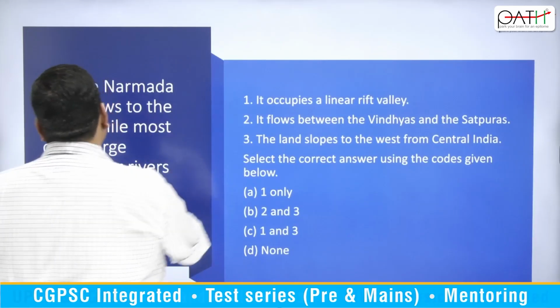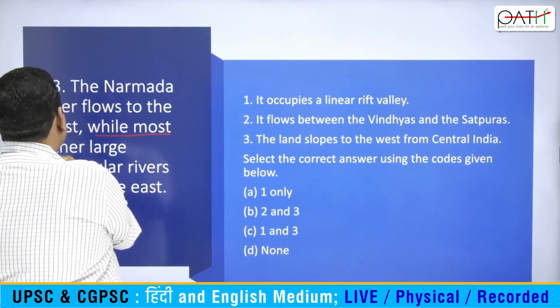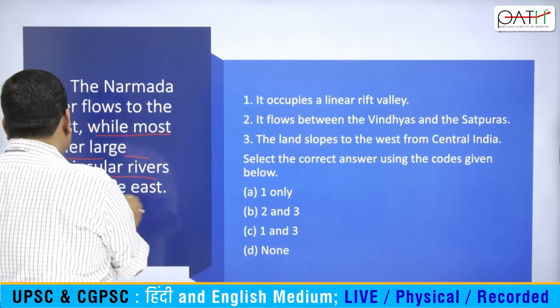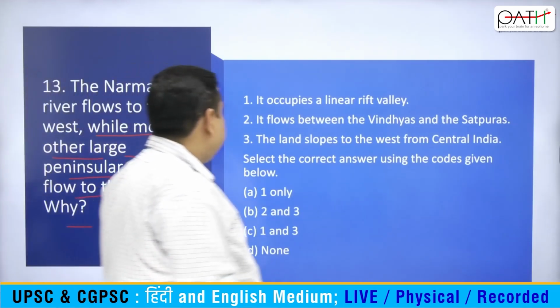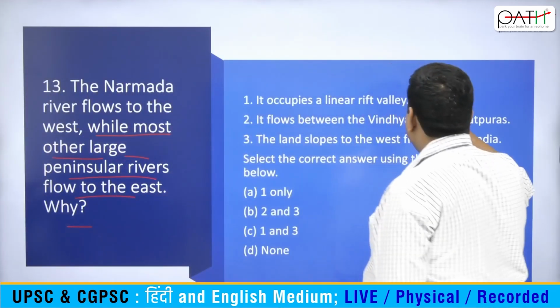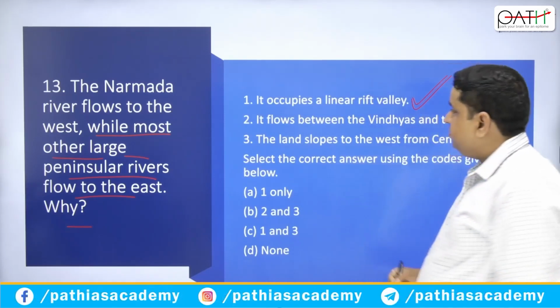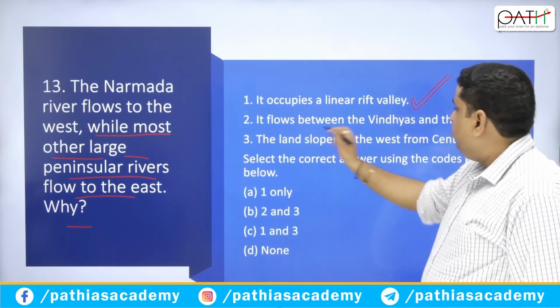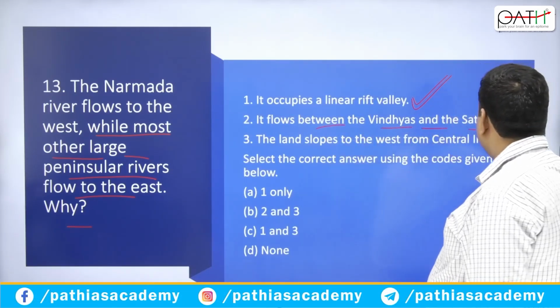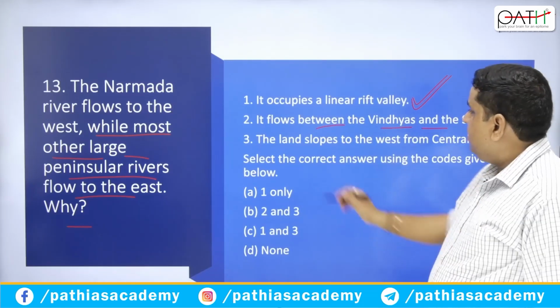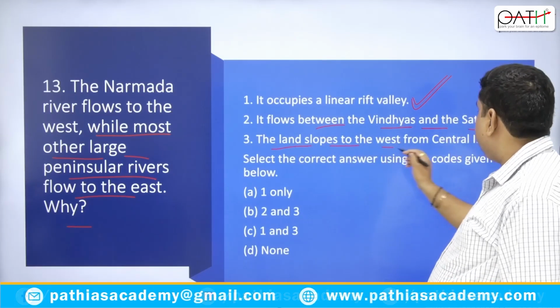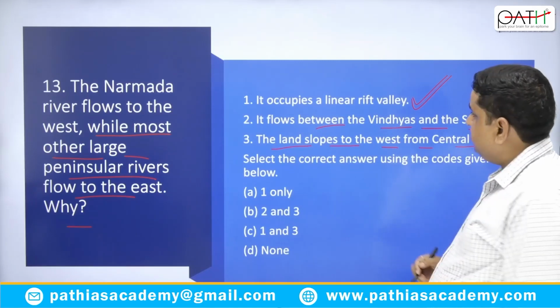The Narmada River flows to the west, while most other large peninsular rivers flow to the east. Why? First, it occupies a linear rift valley. Second, it flows between the Vindhyas and Satpura. Third, the land slopes to the west from central India.